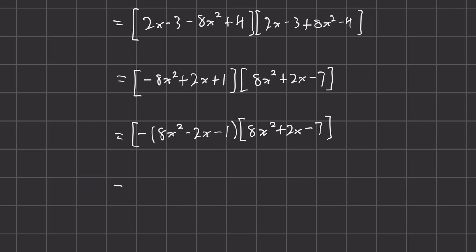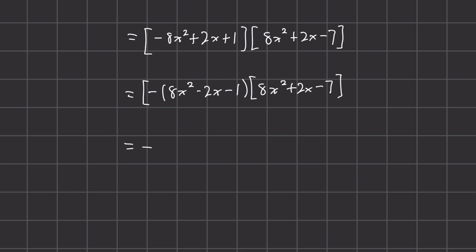And now once you've done that, you'll notice that this whole thing right here, 8x squared minus 2x minus 1, is actually factorable. And we're just looking for two numbers that multiply to this times this, which is negative 8, and add to negative 2.